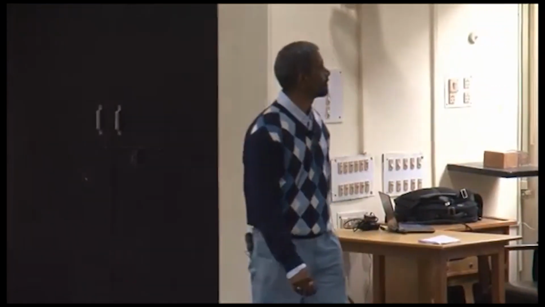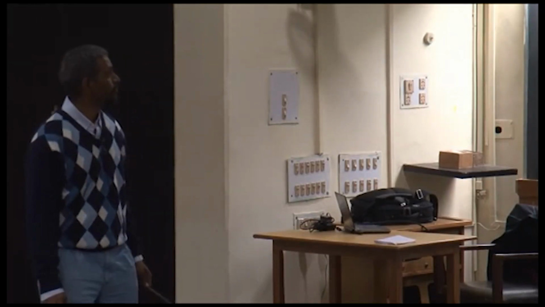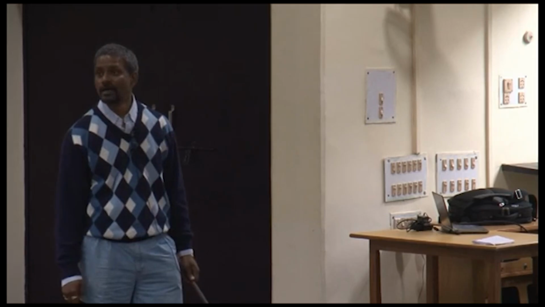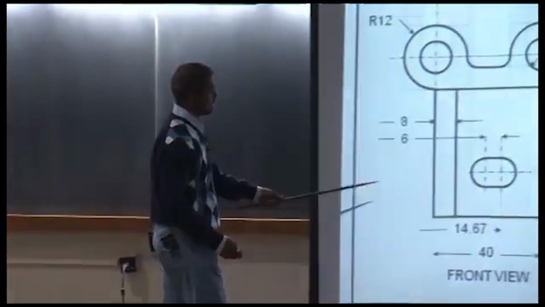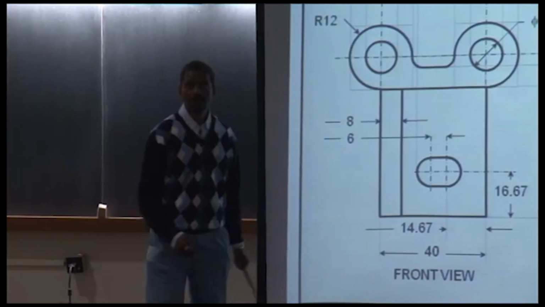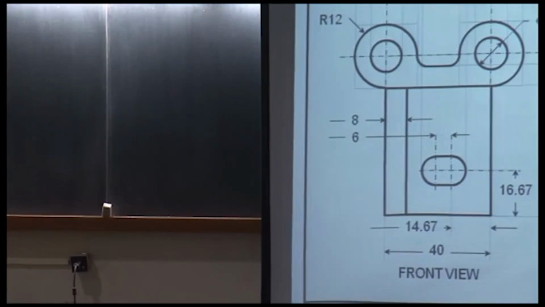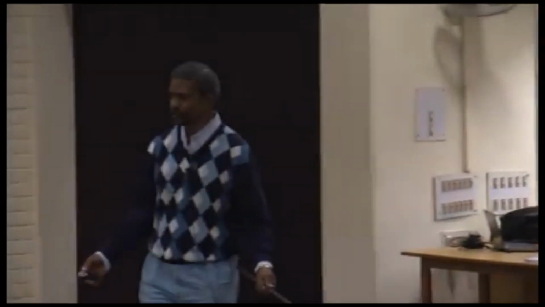Okay. What is this dimension? What is this dimension? What am I doing now? I'm taking the projections from here to represent this void in the top view. Okay? You'll see two hidden lines, of course.